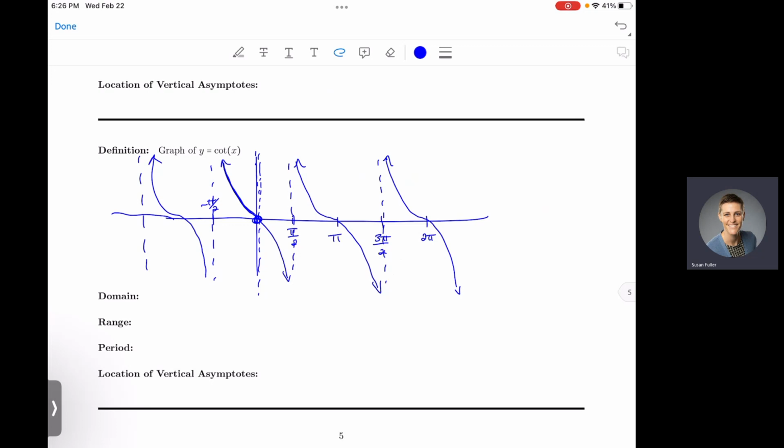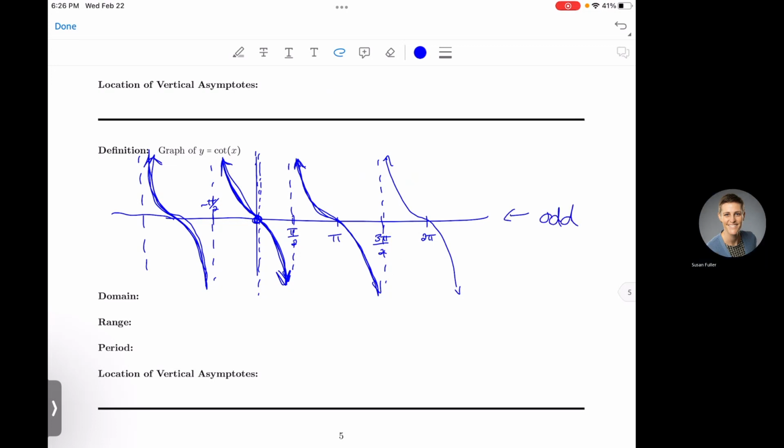Is it odd? If I take this and rotate it 180 degrees around the origin, yes, that's going to land on top of this side. If I take this and rotate it 180 degrees around the origin, it's going to land right on top of this one. I've got rotational symmetry. Cotangent is odd.